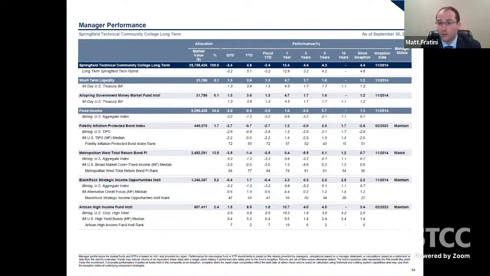This was elevated to our watch status because 2 of the portfolio managers announced their retirement. The first being Laird Lehman, who will be retiring at the end of this calendar year. The second being Stephen Kane, who will be retiring at the end of 2024. Now, these are well telegraphed retirements, but given that both of them are announcing at the same time, did raise some concern for us.